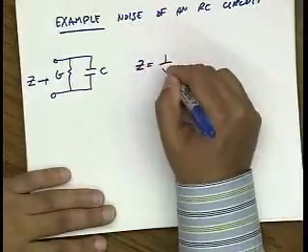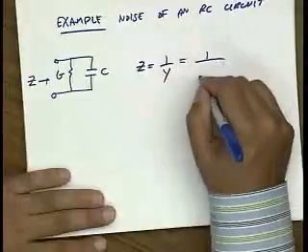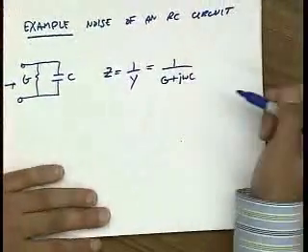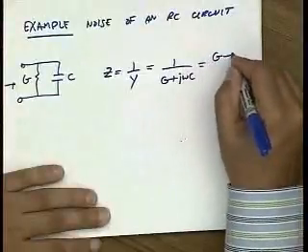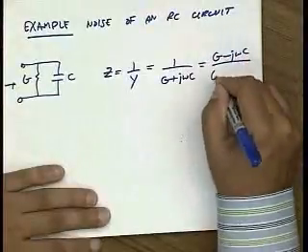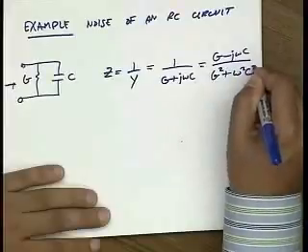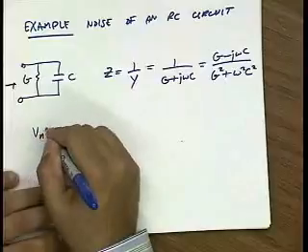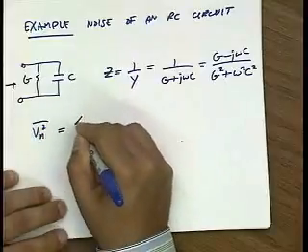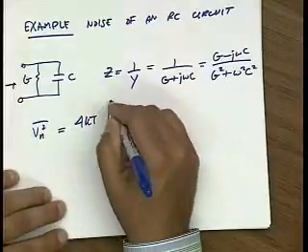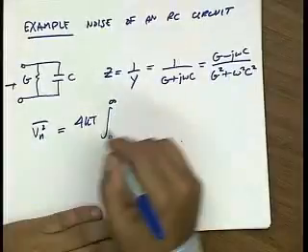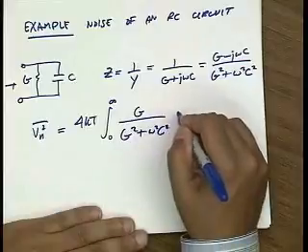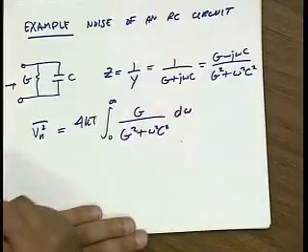So Z, which is 1 over Y, is 1 over G plus j omega C. If I multiply numerator and denominator by a complex conjugate, I get G minus j omega C over G squared plus omega squared C squared. Okay. So now, let me find the total noise by integrating from 0 to infinity of G over G squared plus omega squared C squared d omega.